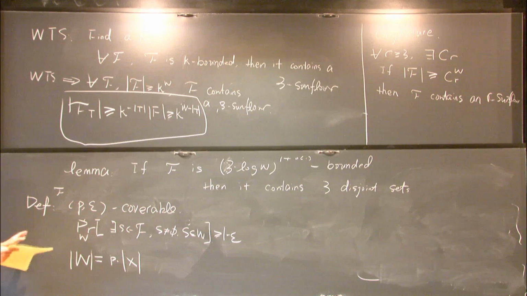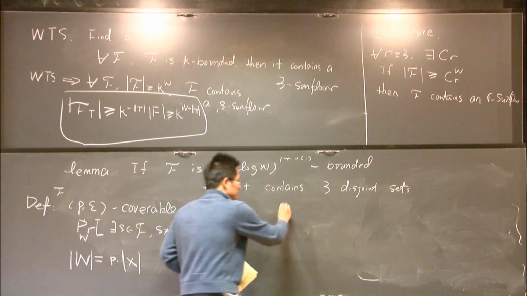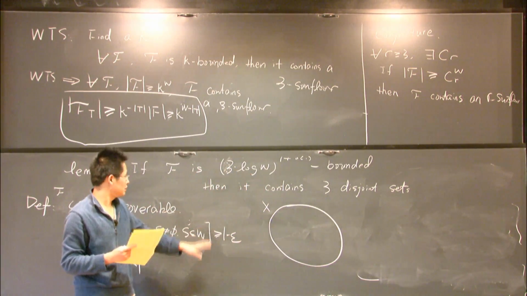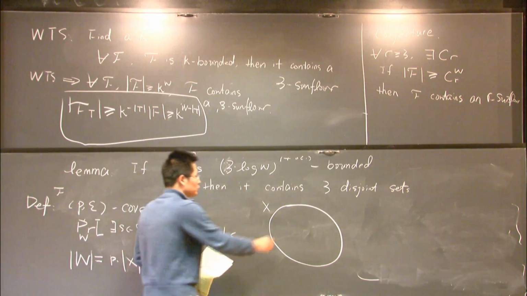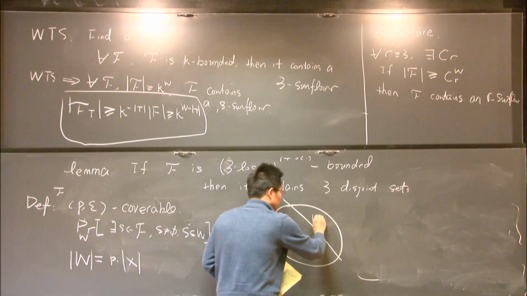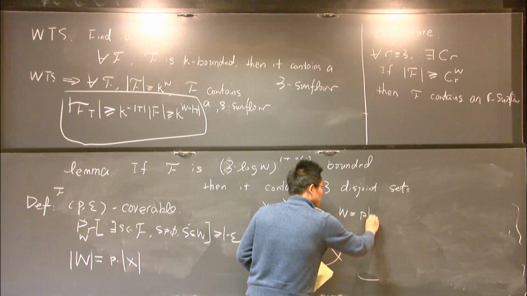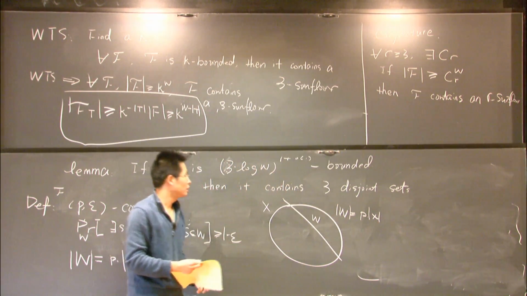I'm going to draw a picture. It will be much easier to understand what's going on with the definition. Let's say we have X, the ground set. We call F p epsilon coverable if the following is true. We randomly sample a subset W, the size of W is p times X, a random p fraction.